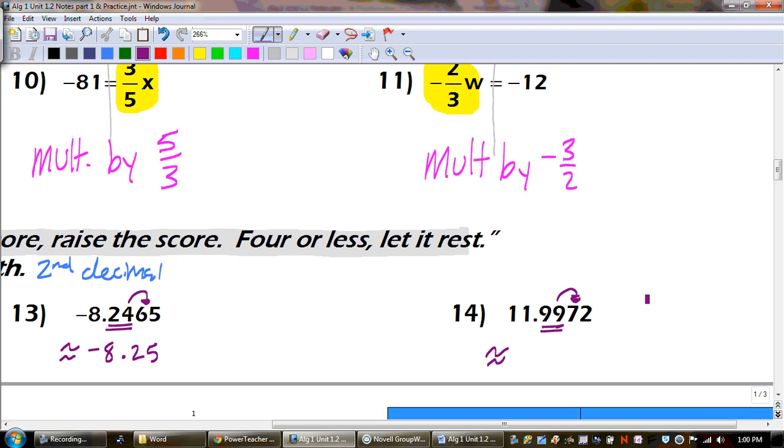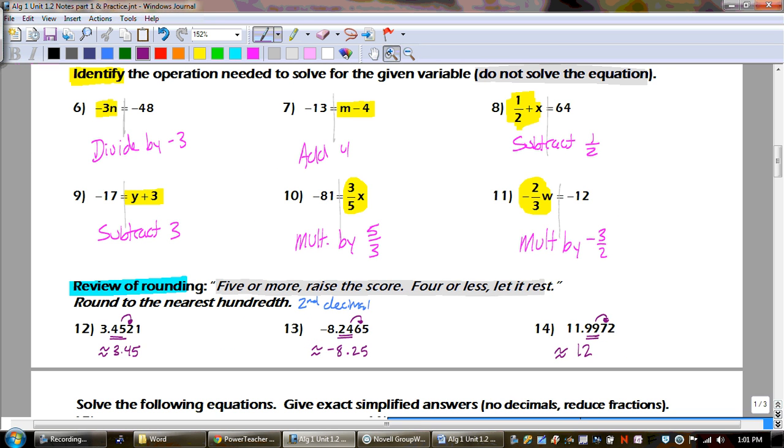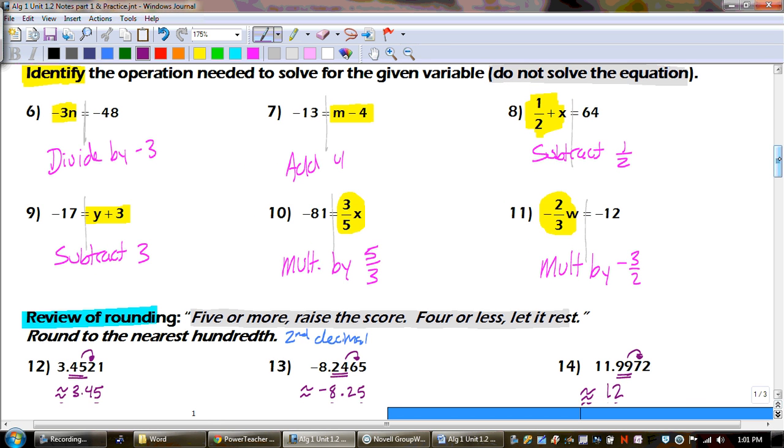Is it 5 or more? Yes, so that 99 is not going to be 99 anymore, it's going to be 100, which actually changes that to a 12. Okay? So 5 or more, raise the score. 4 or less, we let it rest.